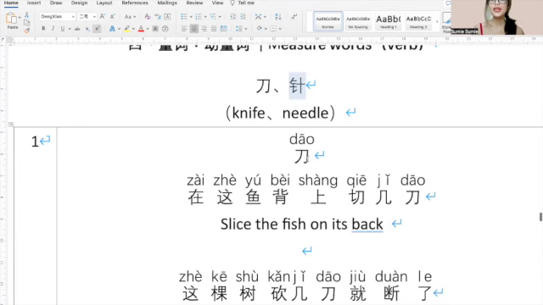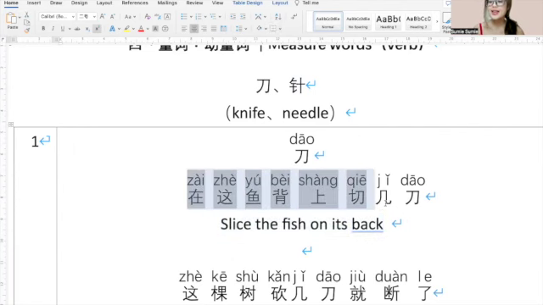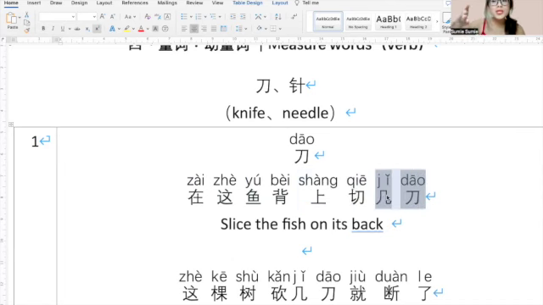The first one, 刀, that means cut. How many times will you cut? That means slice the fish on its back. 在这鱼背上切几刀。在 that means at. 这 this. 鱼背 fish back. 上 on. 切 slice. 几刀 few slices.